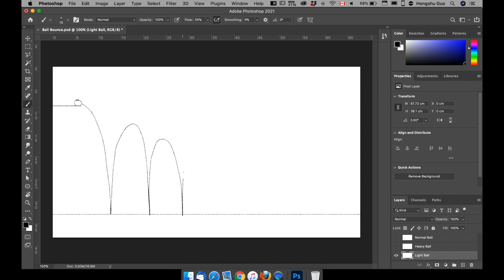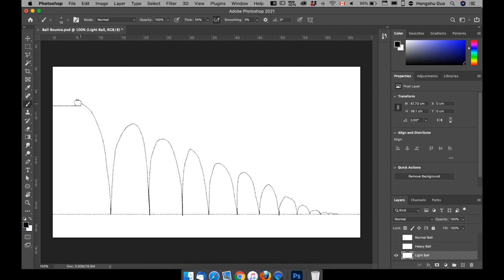And each time, although it's going to lose some of the energy, it won't lose as much energy as the previous two balls. Something like this. So this ball is going to jump, jump, jump, jump, jump. Excuse my bad drawing, but I just want to try to convey the idea.